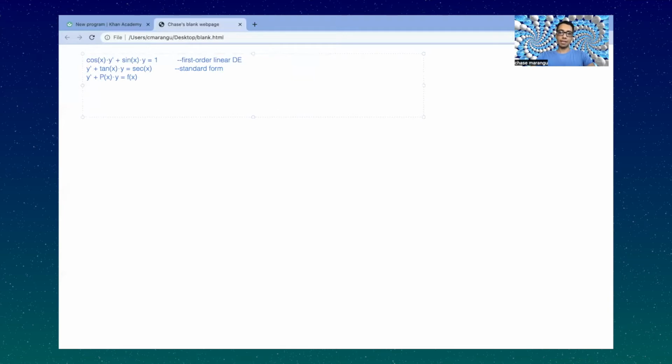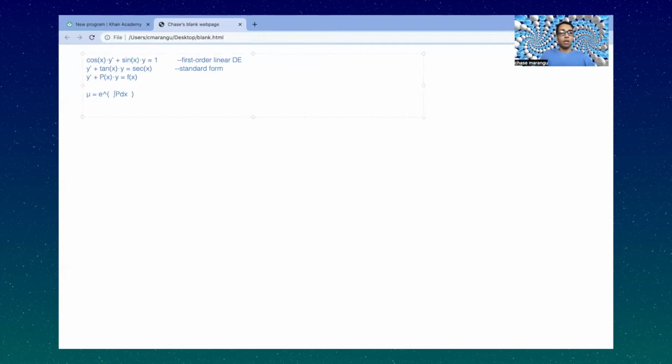What we need to do next is find the integrating factor. So the integrating factor mu, I got my Unicode character input here. The formula for it is mu equals e to the integral of p with respect to x.